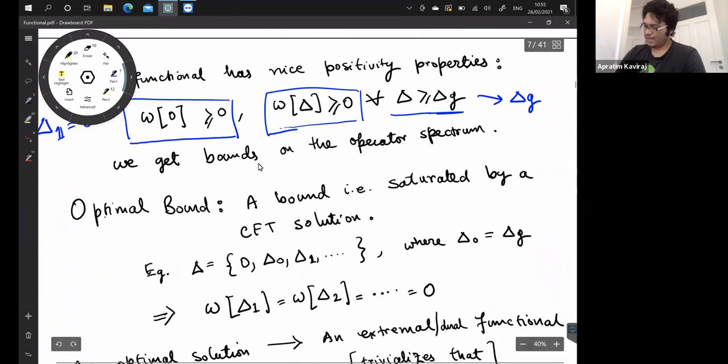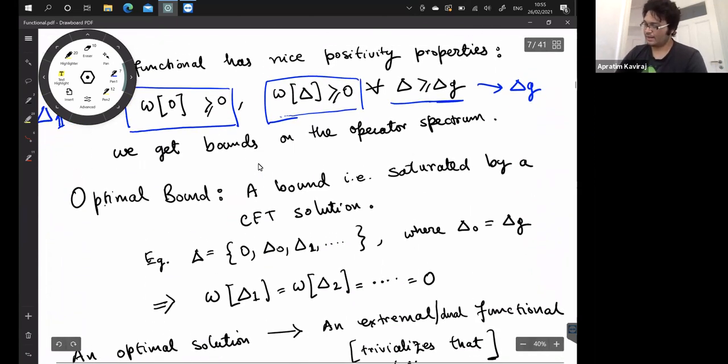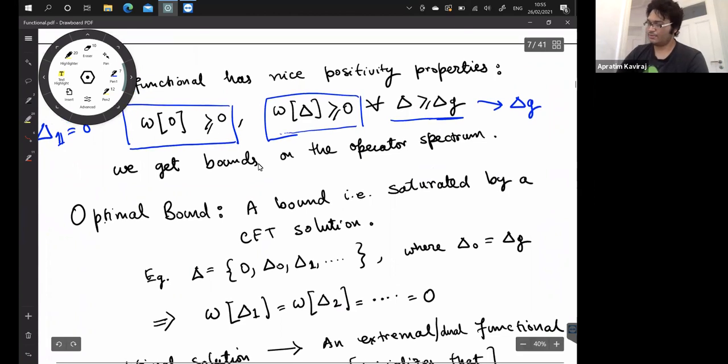So now let's say that you have a bound, and you happen to know a CFT solution that saturates that bound. If this happens, then you call this an optimal bound.